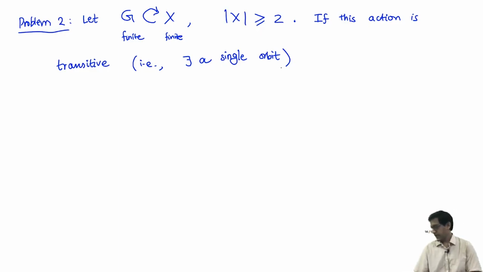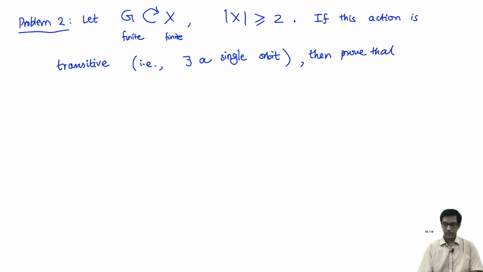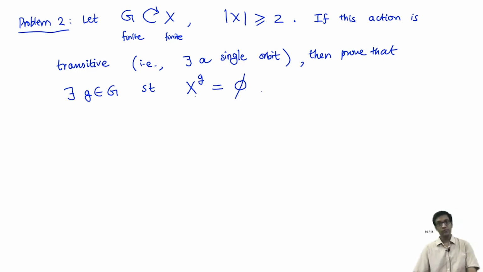If the action is transitive, then prove that there exists at least one group element which has no fixed points, such that X^g is empty. Recall X^g just means the set of fixed points. Which means g actually has no fixed points at all.